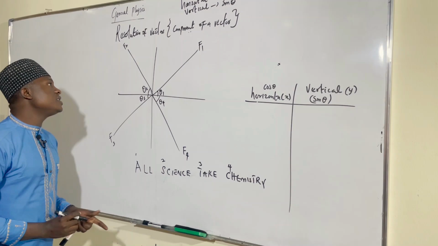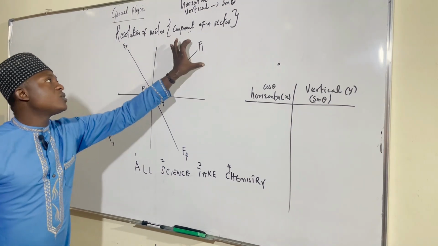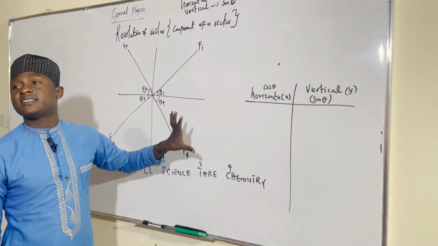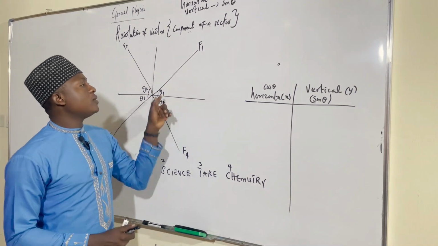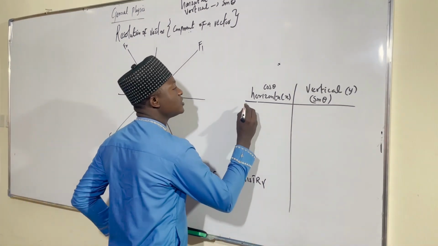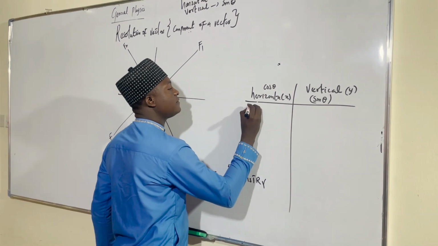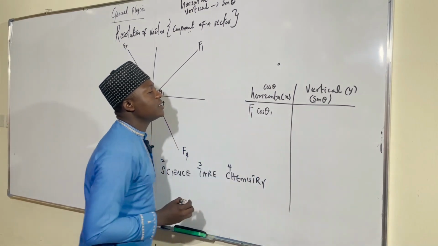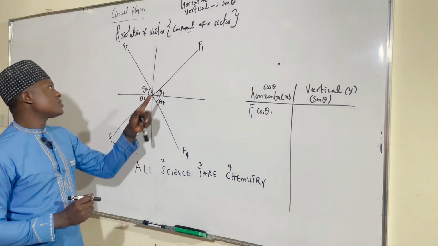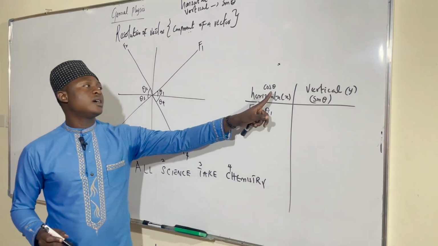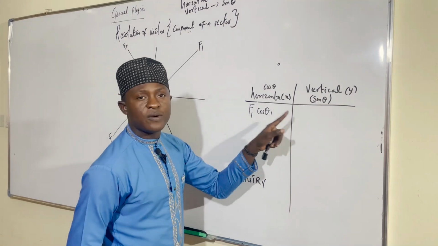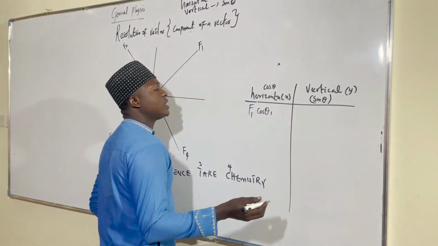So the first force, I will resolve horizontally and also vertically. Under the first quadrant, resolving horizontally I make use of cos, so that's F1 cos theta 1. Now if I'm resolving vertically, what are we going to put there?